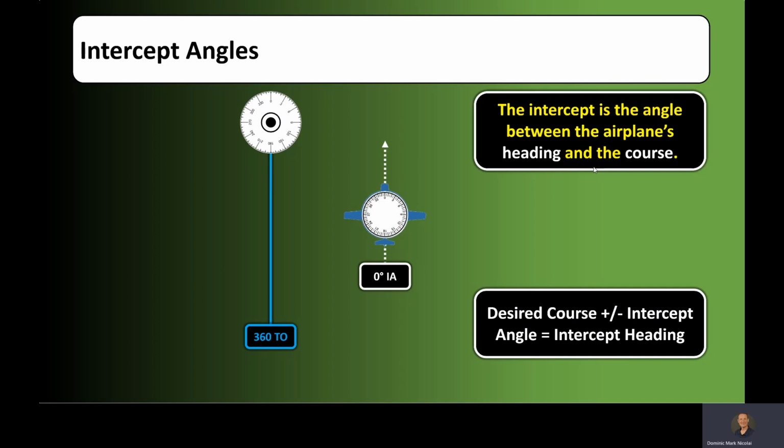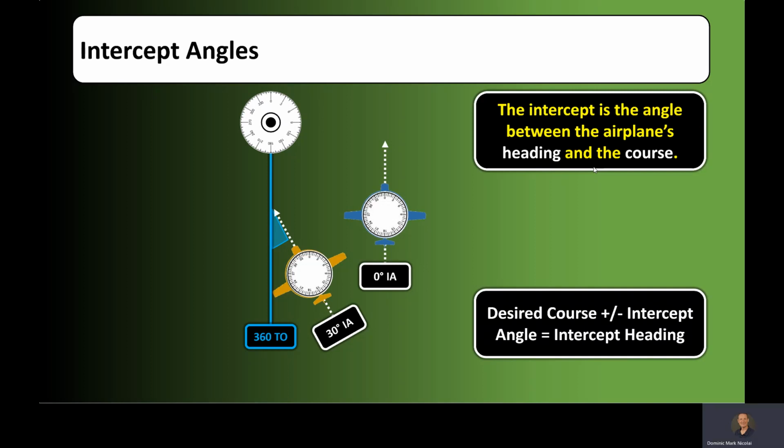So if I wanted to use, say, a 30-degree intercept, then I would think about my desired course, 360 degrees, and add or subtract 30 for the intercept. Because I'm on the east side of the course line, I have to subtract off the intercept. 360 minus 30 gives me a 330 heading to fly.